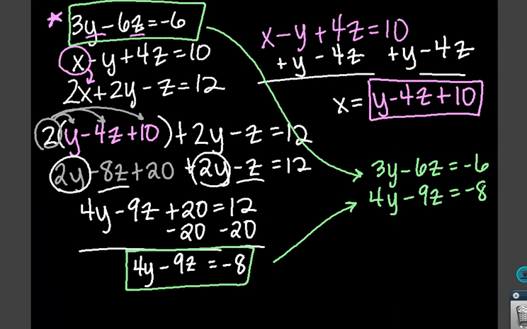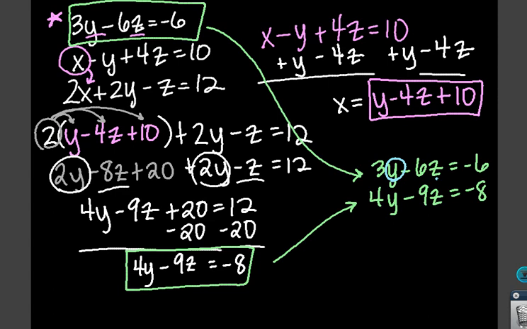We could use substitution or elimination at this point, but since we would have to multiply both equations in order to use elimination, I think we should use substitution. And I think that we should isolate y instead of z. Can you explain why we would want to do that?